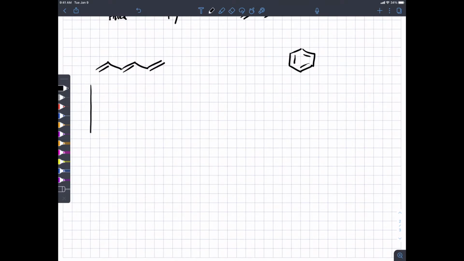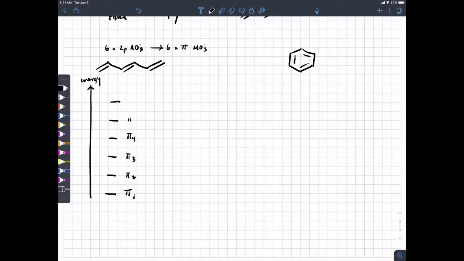And what I'm going to do is draw an energy diagram. And in 1,3,5-hexatriene, we have 6 p atomic orbitals on these adjacent carbons, and we're going to mix them together to get 6 pi molecular orbitals out. And in the case of 1,3,5-hexatriene, they are each different in energy. We're not going to worry about by how much.